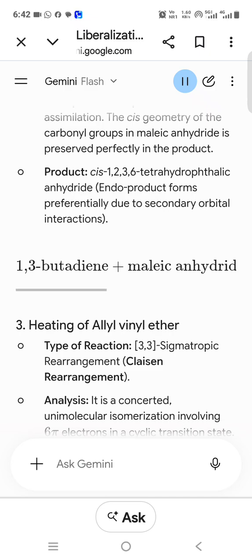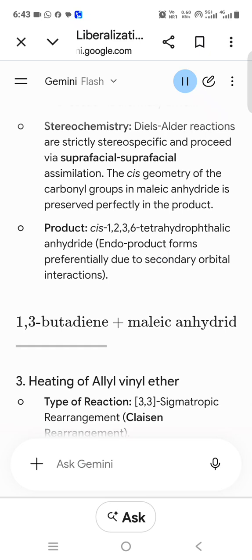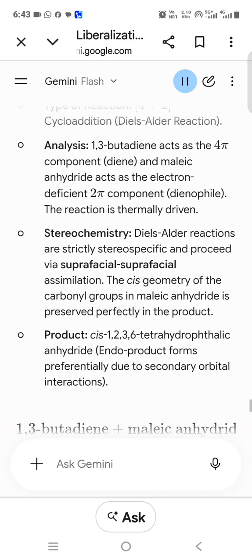The selection rules depend on the total number of pi electrons, 4n versus 4n plus 2, taking part in the concerted mechanism. For 2+2, 4n with n equals 1: thermal, delta, is allowed antarafacial, pi-s plus pi-a, and photochemical, h nu, is allowed superfacial, pi-s plus pi-s. For 4+2, 4n plus 2 with n equals 1: thermal is allowed superfacial, pi-s plus pi-s, and photochemical is allowed antarafacial, pi-s plus pi-a.